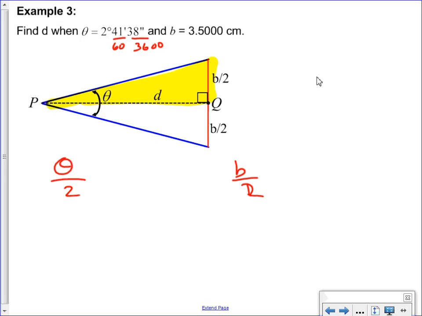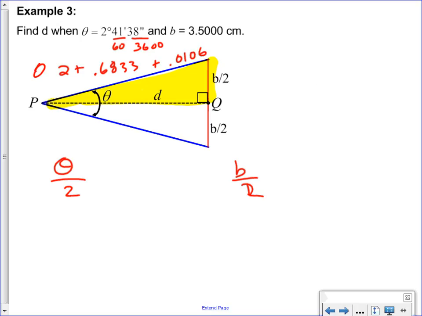So 2 plus 41 divided by 60, to 4 decimal places, is .6833. And then 38 divided by 3,600 is 0.0106. Add it all together.